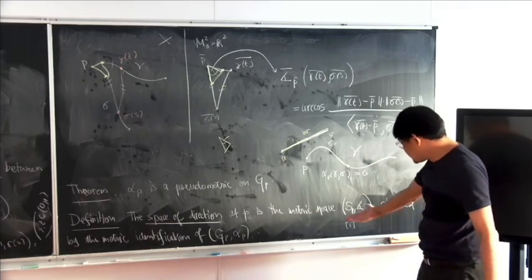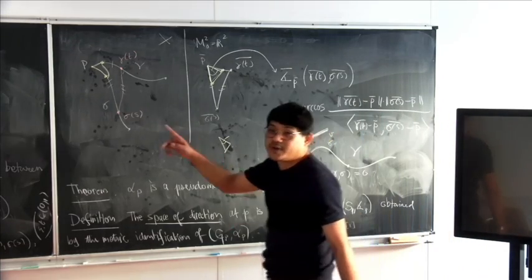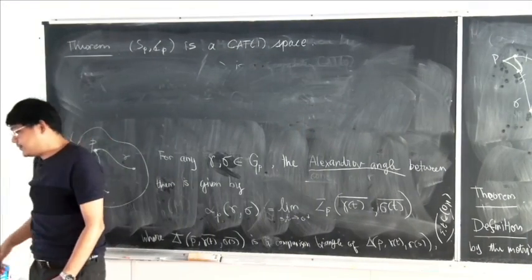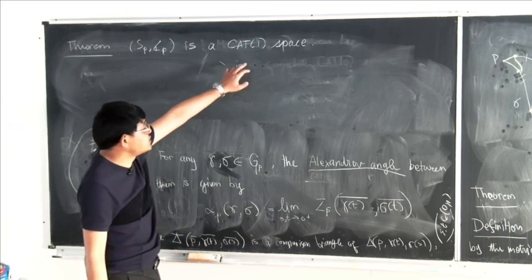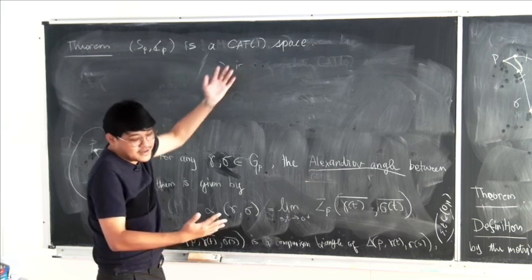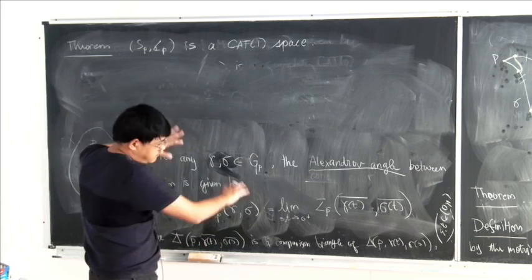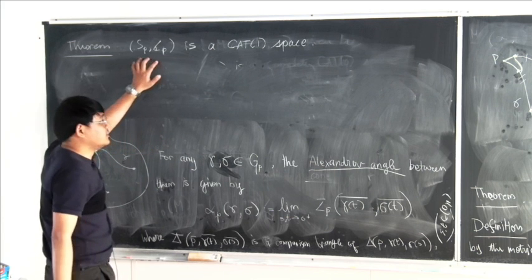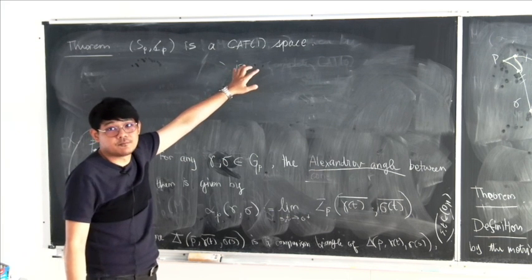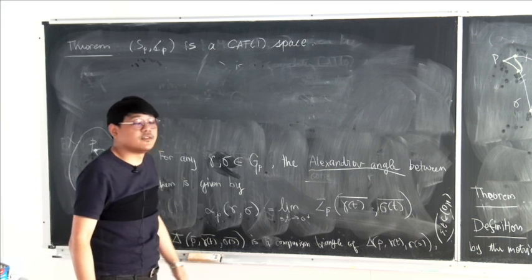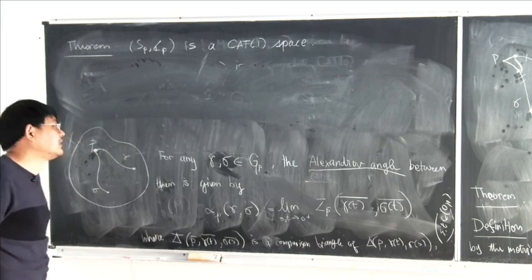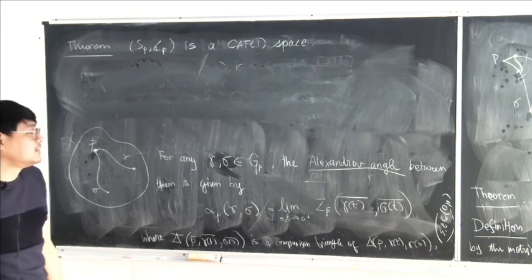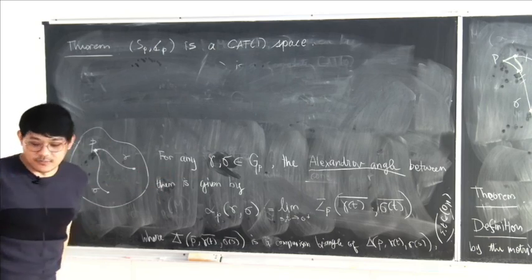This metric space is a CAT(1) space. It preserves the class of Alexandrov space, but the curvature bound is changing. So actually, if X is any CAT(kappa) space and you do this kind of thing, then the space of direction will always be a CAT(1) space, no matter what kappa you take in the first place. Okay, so that's for this first part. Let's have a 5 minutes pause, and then we'll come back to our construction.